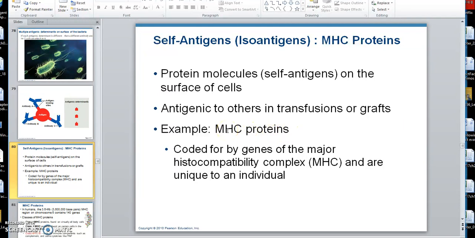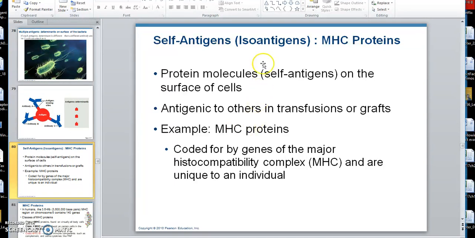So the major identification flags from one person to the other when it comes to transplants are called the MHC proteins. But the MHC proteins were made, cut and snipped off of the blueprint of the MHC, the major histocompatibility complex. So the word complex are the genes and the proteins are what are being made.